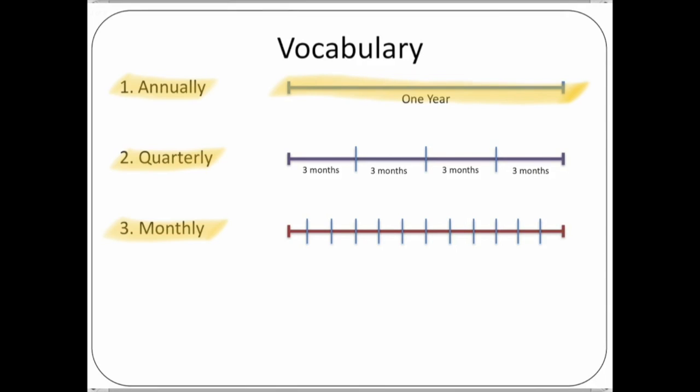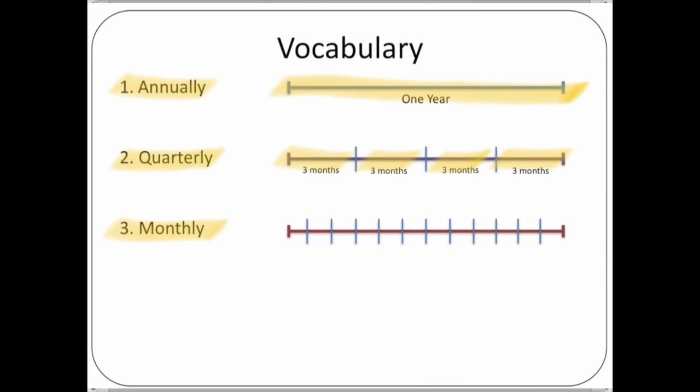And then if you think of summer, winter, fall, and spring, we're going to take a look at every 3 months, so we get a season change every 3 months.